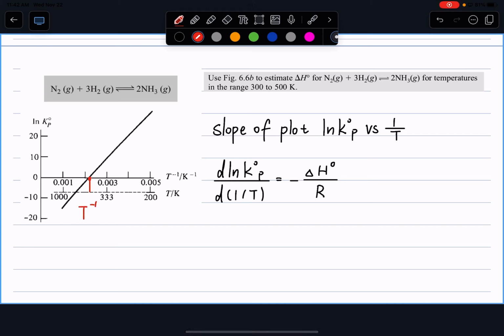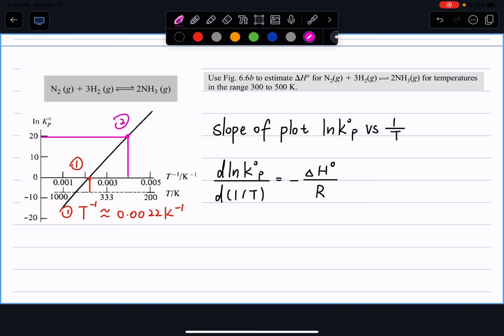So that T minus 1 is about 0.0022 K minus 1. And you can also have a random point like P2. So I'm picking something like here, where we know what the X and Y axis values are.